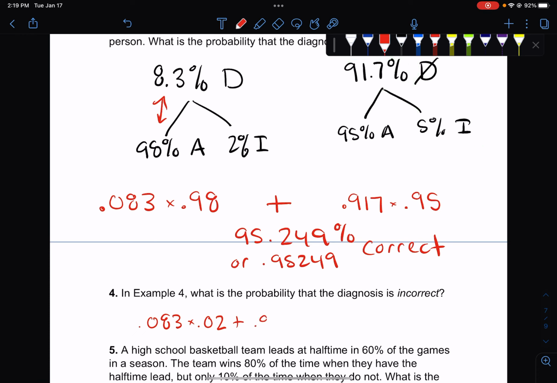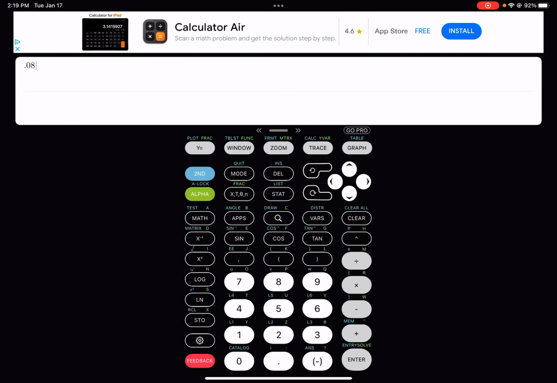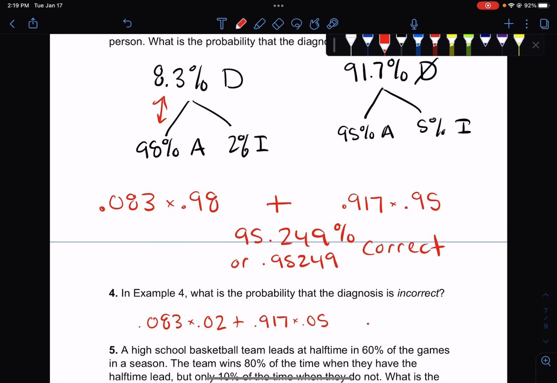So plus 0.917 times 0.05. So let's put those in. 0.083 times 0.02 plus 0.917 times 0.05. I enter, and that means 0.04751, or 4.751%. It's inaccurate of the total population because I combined them together, right?